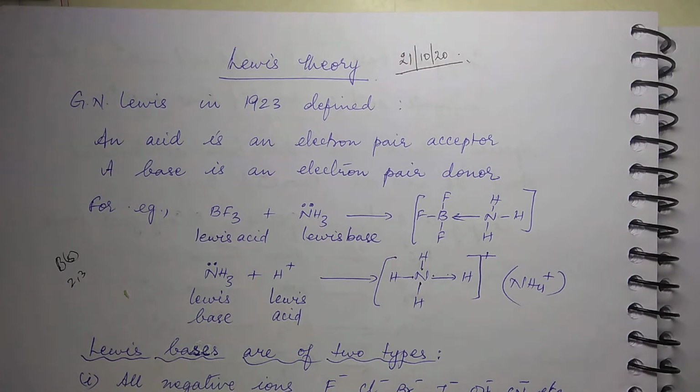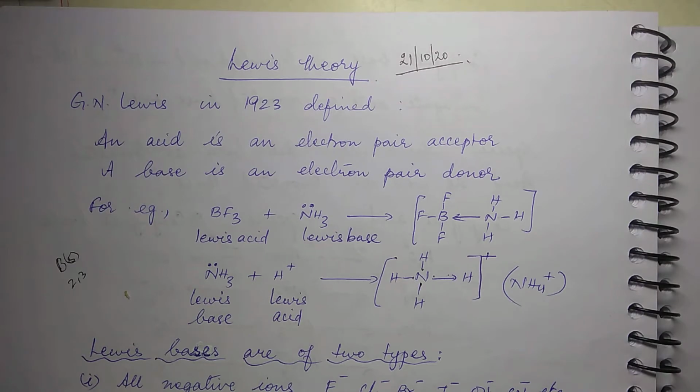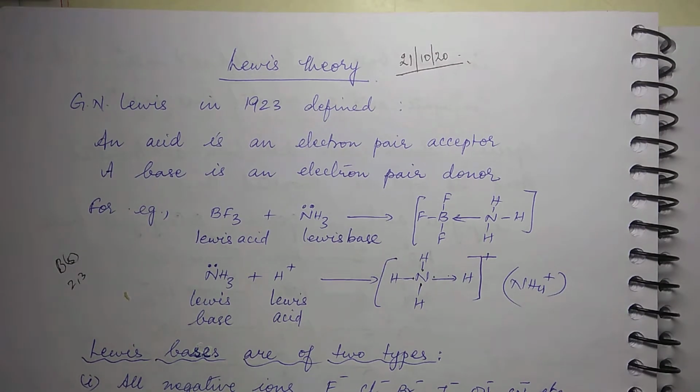All negative ions are Lewis bases, because they have the capacity to share an electron pair with any other atom. Then neutral molecules possessing a lone pair of electrons on any one atom are also Lewis bases, like ammonia, where there is a lone pair of electrons on nitrogen.